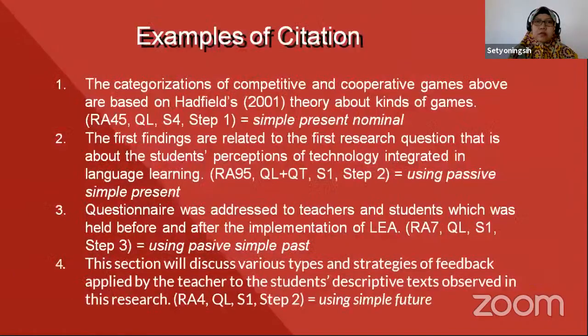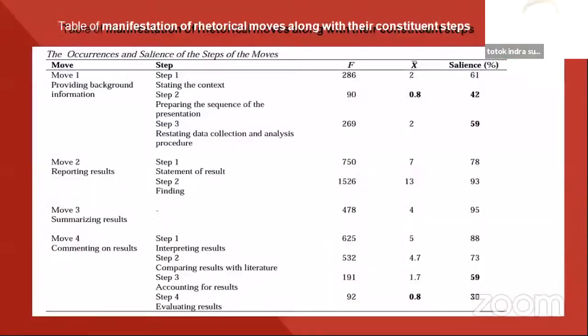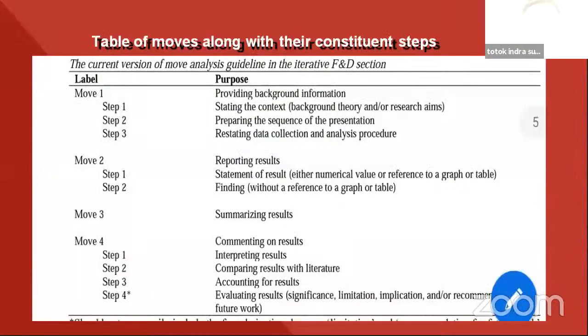Sorry, I will go to this one first. Now, the researcher uses this kind of guideline, that there are four moves. This is the ideal concept of findings and discussion in international research, actually proposed by an expert, that is used by the researcher in this article.